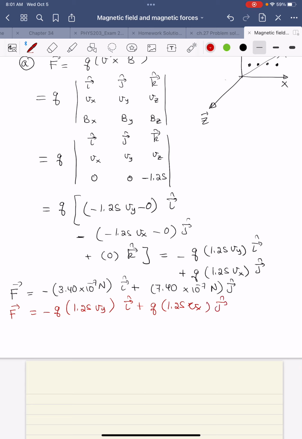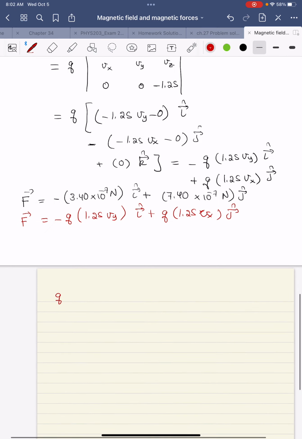By comparing, I know that Q times negative 1.25 Vy should equal negative 3.4 times 10 to the negative 7 newtons.